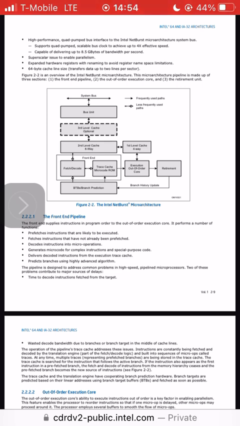2.2.3 Intel Core Microarchitecture. Intel Core Microarchitecture introduces the following features that enable high performance and power-efficient performance for single-threaded as well as multi-threaded workloads.